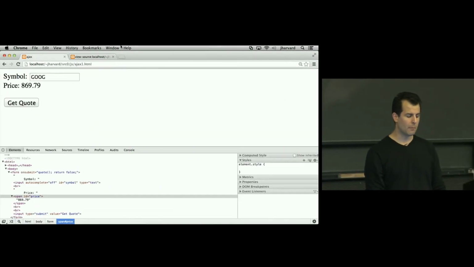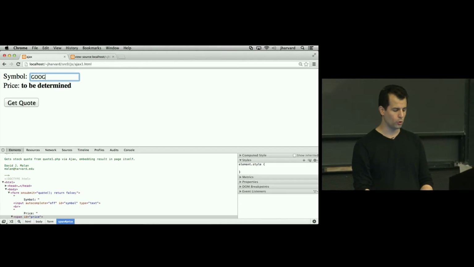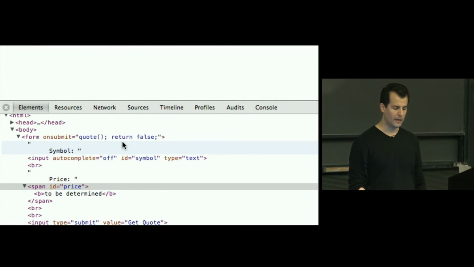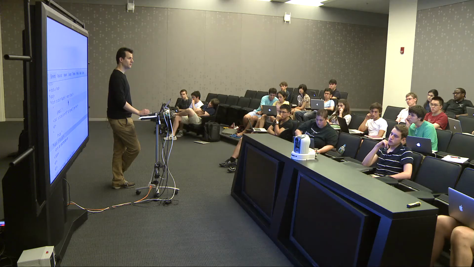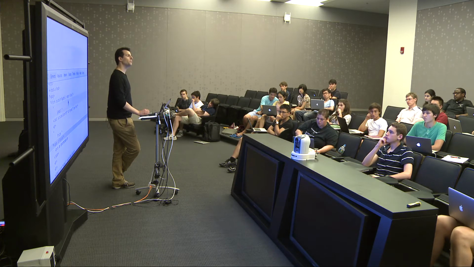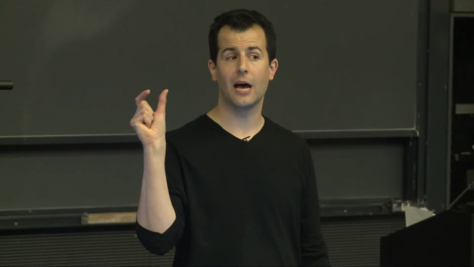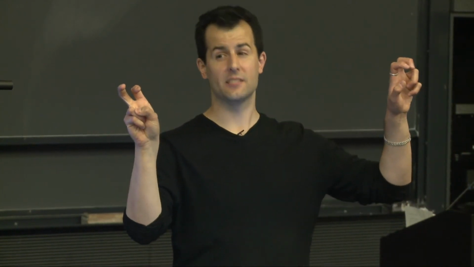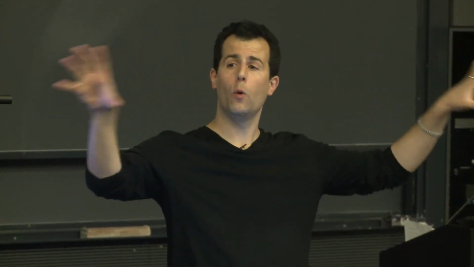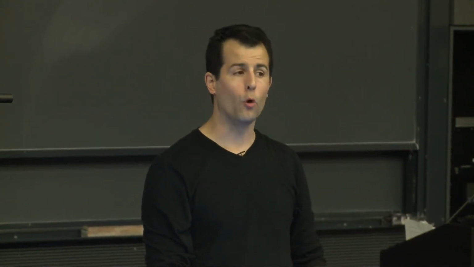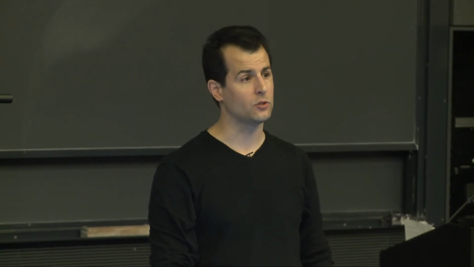So if we do it again to recap, now with that context, I pre-type in Goog, I don't hit enter yet, but I instead scroll down to where it says "to be determined." Is the span tag going to be replaced or the bold tag? Just the bold tag, because when I uniquely identify the span element by its ID, called price, and change its innerHTML, that won't blow away the span tag itself, just its innerHTML, which is apparently a bold-faced tag and a line of text, "to be determined."